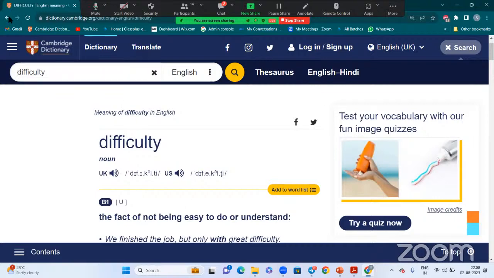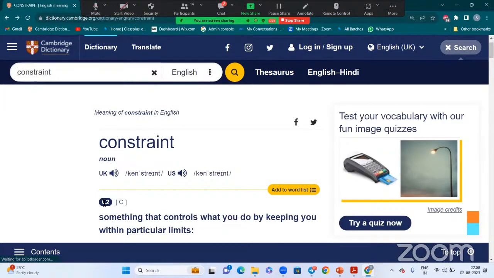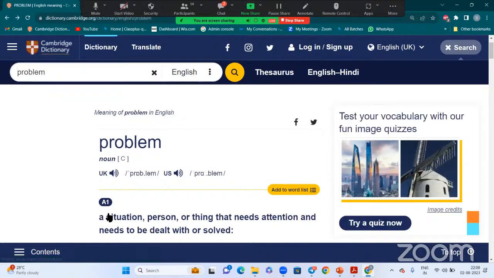Now see this. Constraint is C2. That means 500 marks. 450 to 500. C2. I already showed you number of times. Next, problem. 0 to 99 marks. You will not even get 100 marks. 0 to 99. A1. Base.